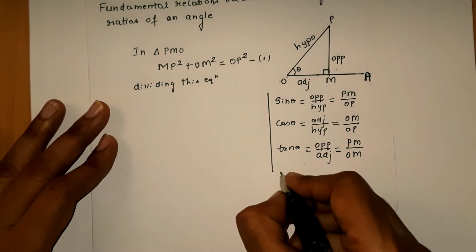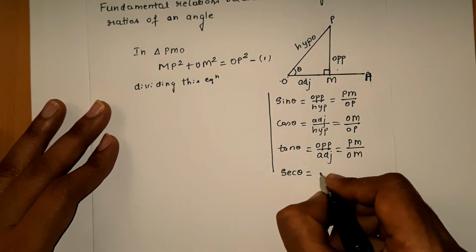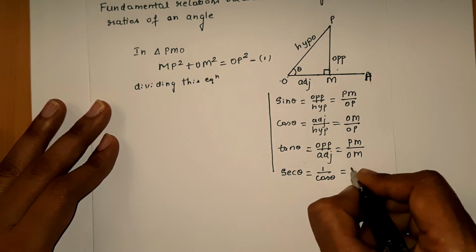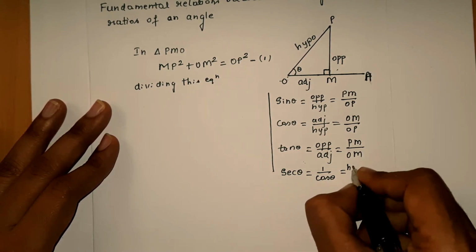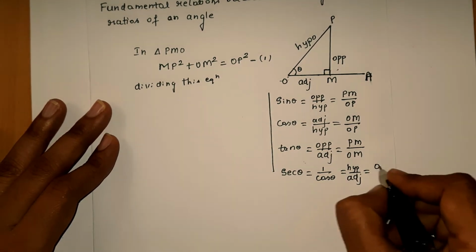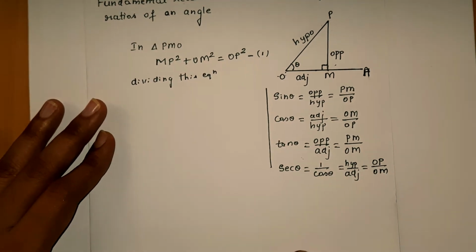In the same way, secant theta is given by 1 by cos theta, which is hypotenuse side by adjacent side, that is OP by OM.